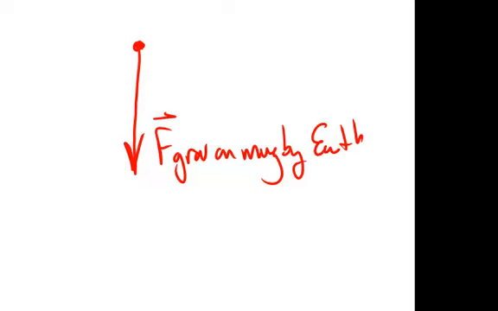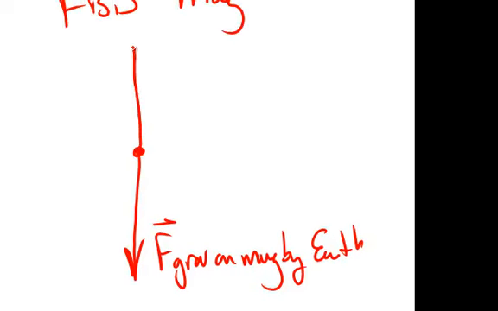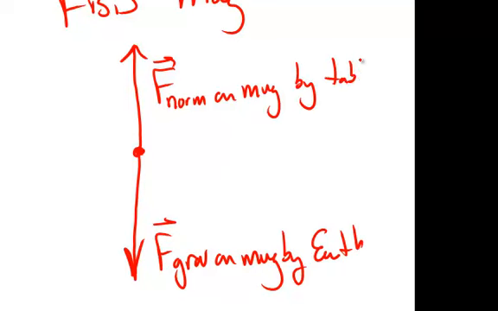And if this mug is not accelerating, if its momentum is constant, the net force has to be 0. So there's got to be a second force on here, and that's going to be F normal on mug by table. So that's a free body diagram for the mug.